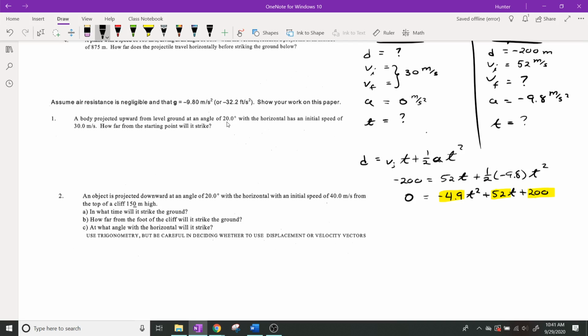So t equals negative 52 plus or minus the square root of 52 squared minus 4 times negative 4.9 times 200, all over 2 times negative 4.9. Okay, that's going to give us something.